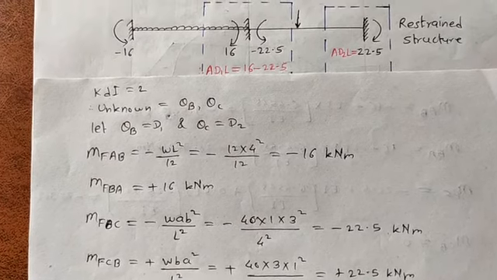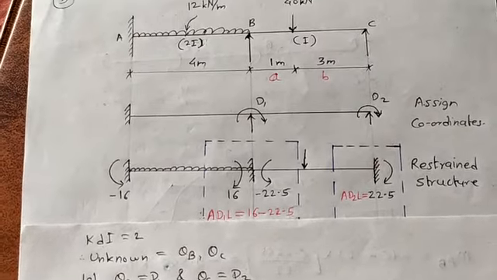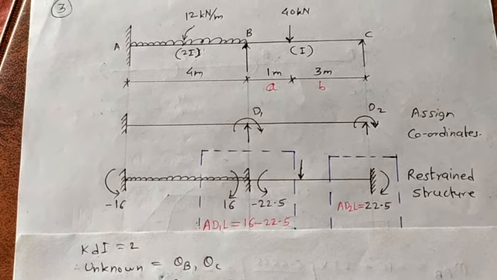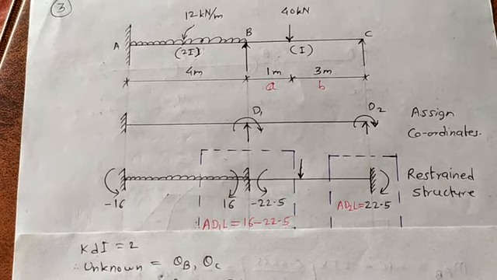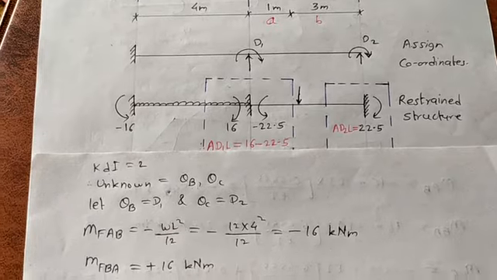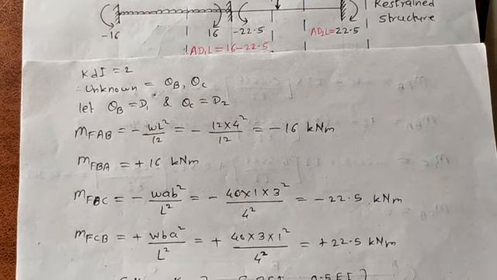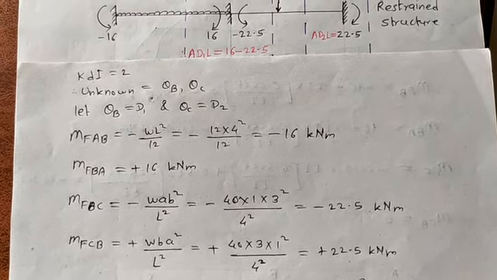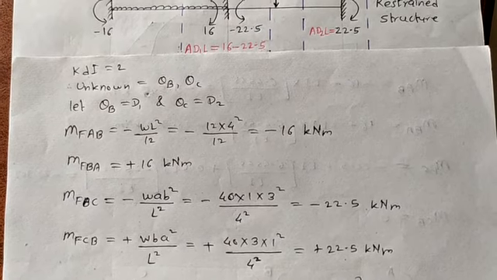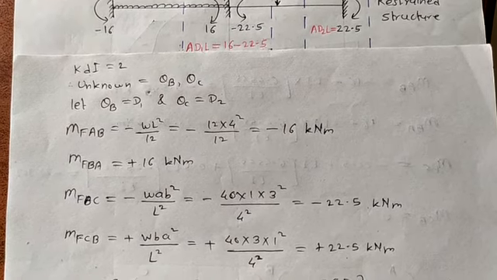Here we have taken A as 1 meter and B as 3 meter. From this we have got the fixed end moments.